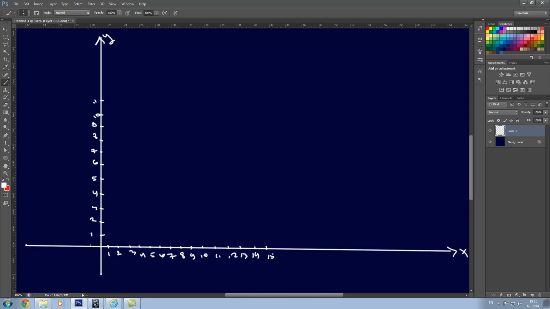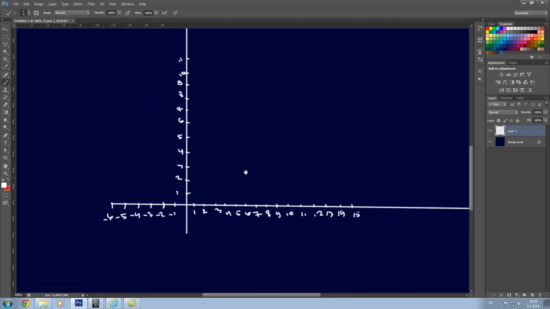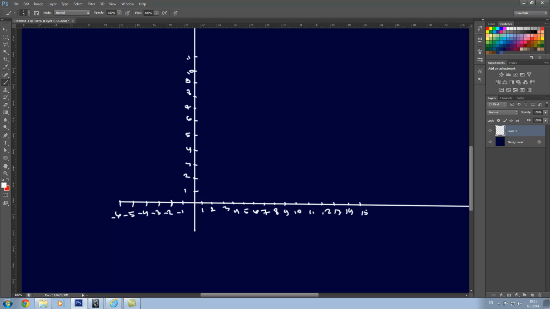Now let's assume for a second that you would like to transform. So this is -1, -2, -3, -4, -5, and -6. Let me move this center just a bit, and let me press here a button and go there. Okay.